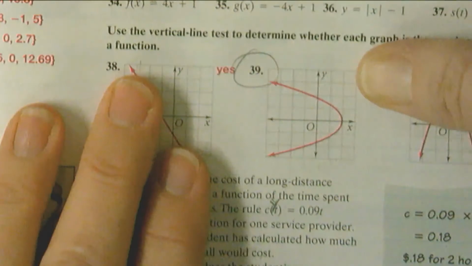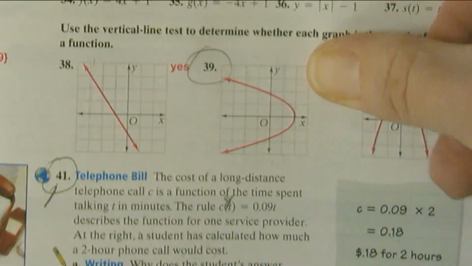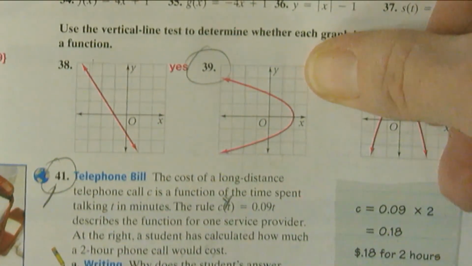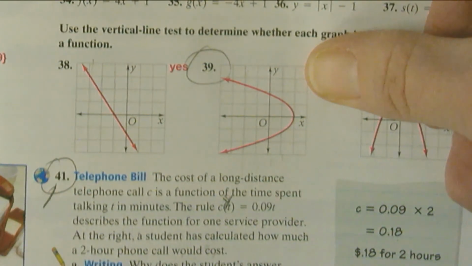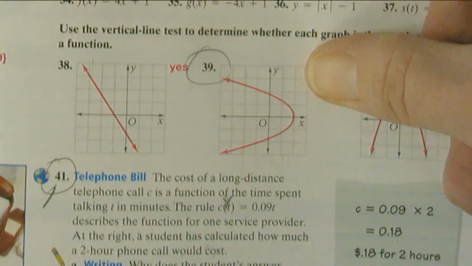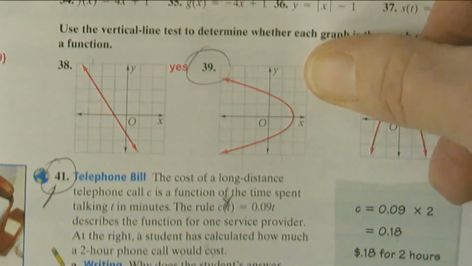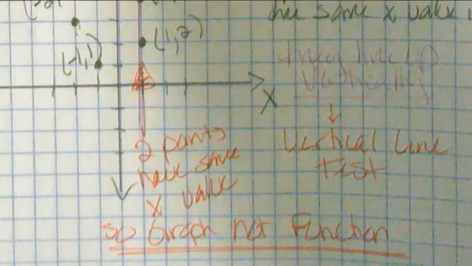Okay. How about this one? Function or not a function? Are there any 2 points that line up vertically? Nick? There are. So is this a function or not a function? It's not a function. Can you guys see the difference? All right, so now we've looked at graphs and how to determine if we have a function or not.